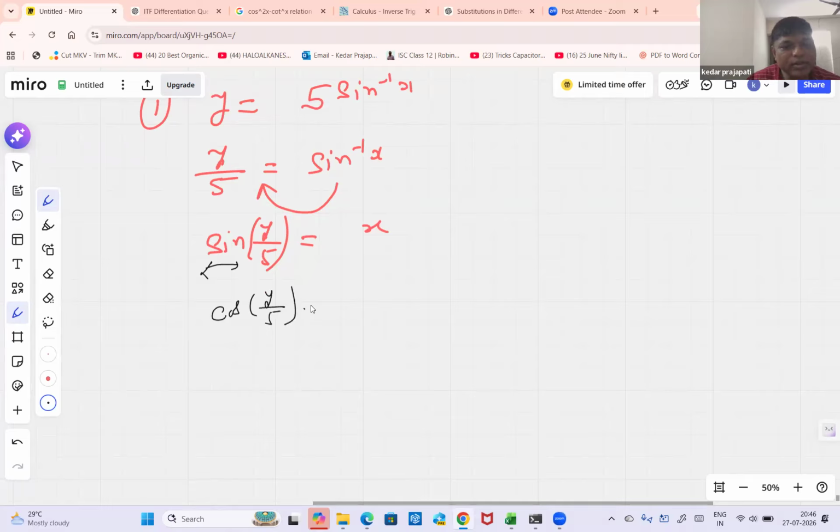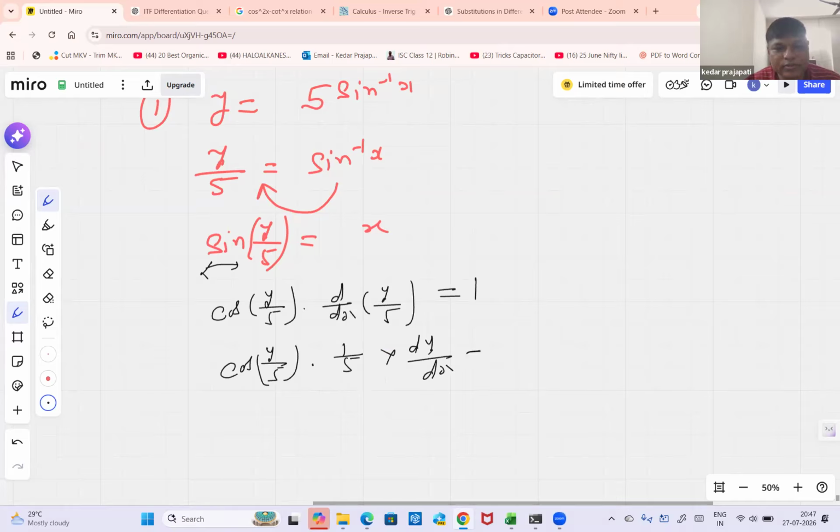Cos y by 5, then we have to write d by dx of y upon 5, and this is 1 by 5. Cos y by 5, this 5 is constant, it will come out, into dy by dx is equal to 1.